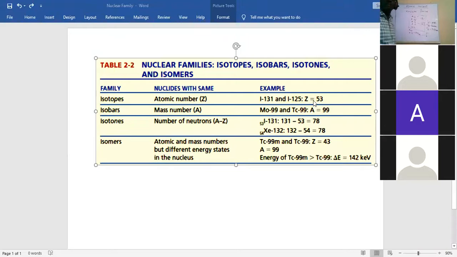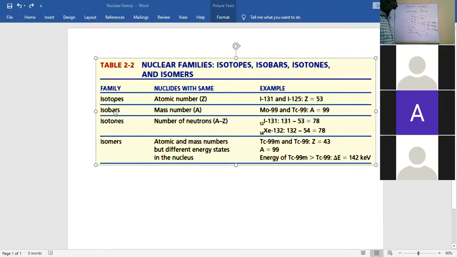They have the same atomic number, so we have a special name for them: isotopes. Of course, this is a name we've been using right from our days in secondary school. Isotopes have the same number of protons but a different number of neutrons. Because they have different numbers of neutrons, it means they have different atomic mass numbers.